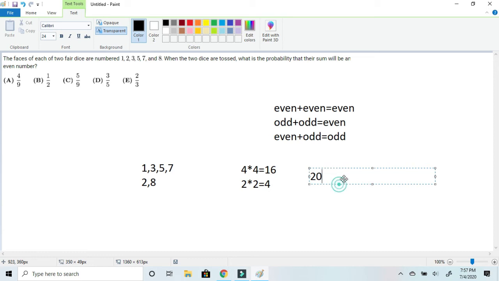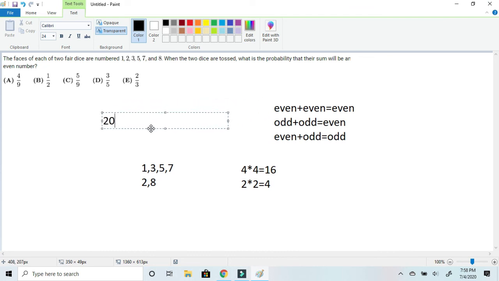So currently we have got 20, and this 20 is going to be the numerator of the probability case, because we have to put this 20 over the amount of sums there can be.